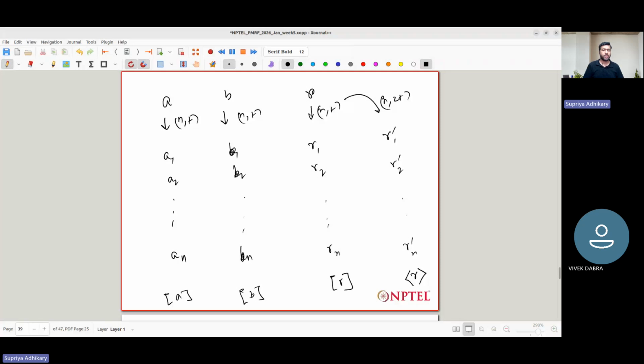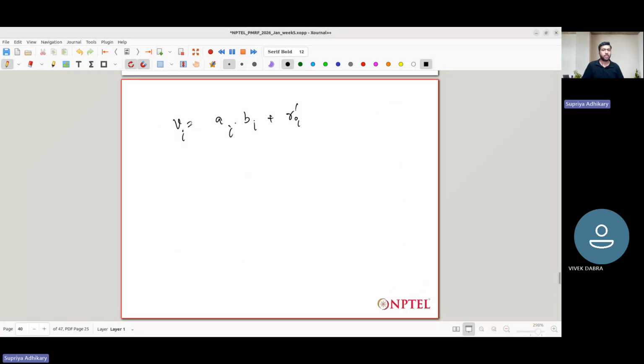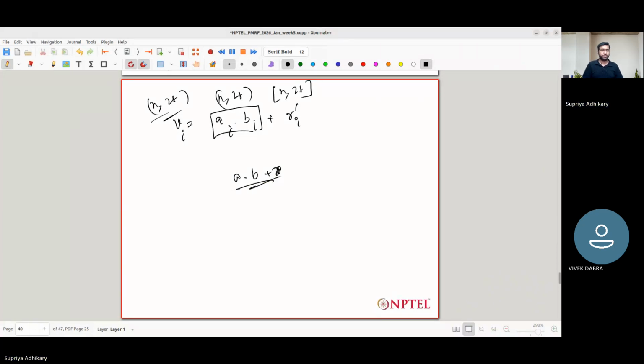After multiplying Ai Bi, that gives us a 2t share, and R'i is already a 2t share. So after adding, Vi is a 2t share of the value AB plus R.